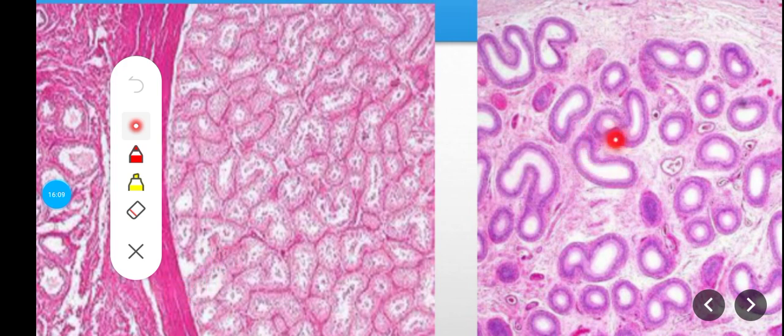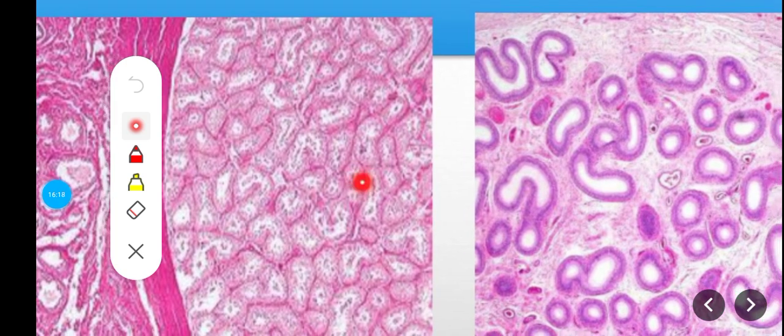Here you can see the clear-cut lumen. This is the epididymis, this is the testis. So this one is the testis, this one is the epididymis. So you can find the clear-cut lumen. This one contains a clump of spermatozoa. This one too.